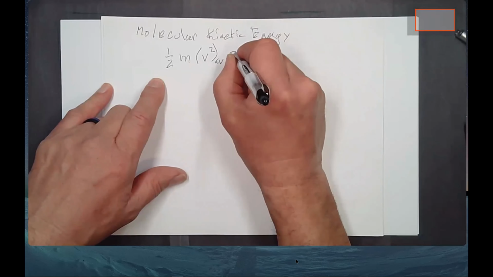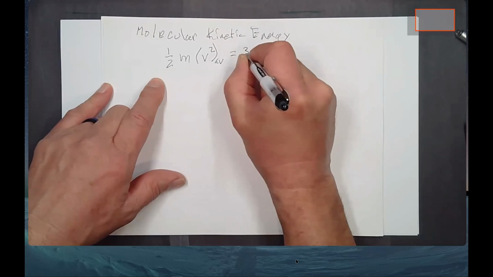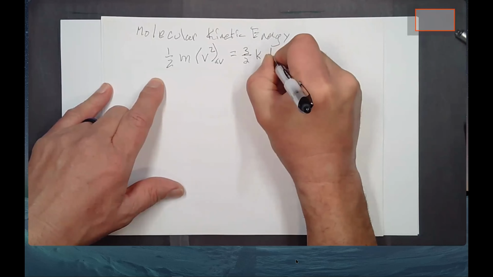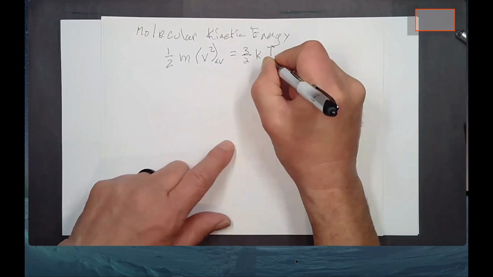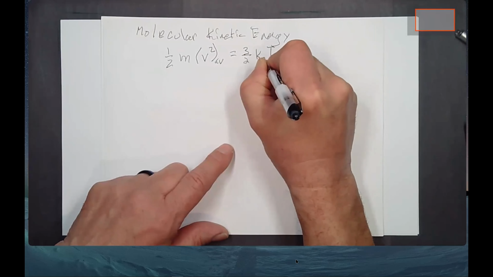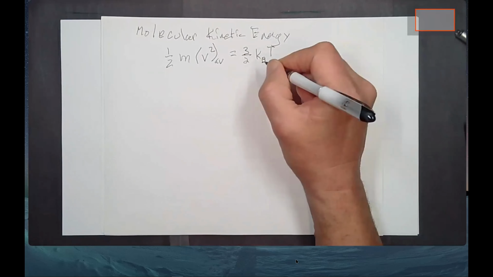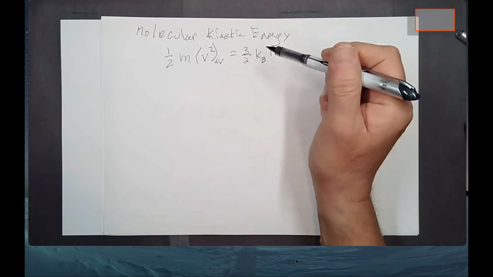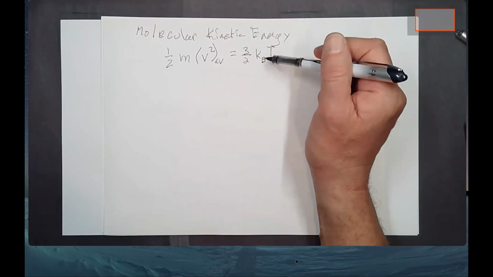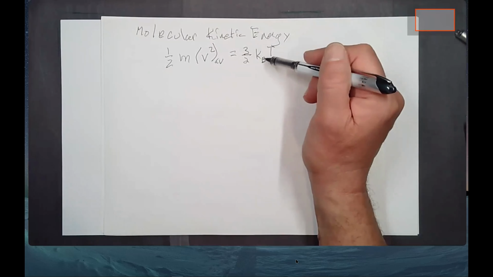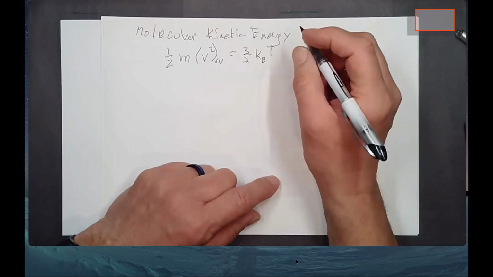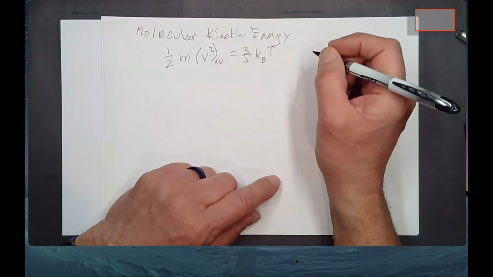And it's equal to 3/2 k T, and that's the Boltzmann's constant that I was using yesterday. And I tend to put a subscript of a B on it because we were just using k for thermal conductivity, and you might get confused, but it's Boltzmann's constant, and it's one that I used the other day.